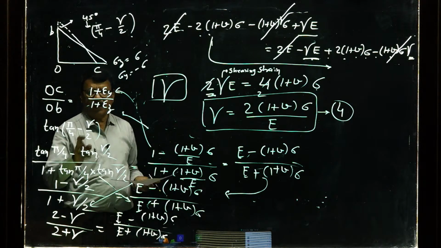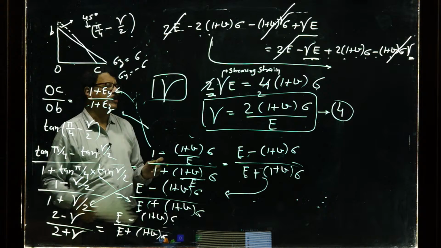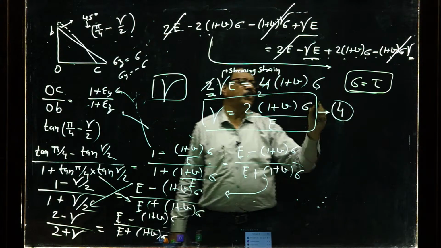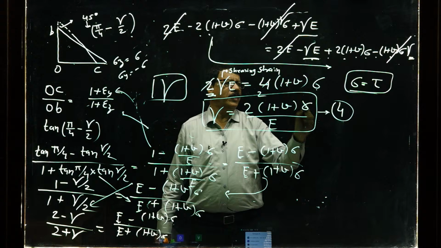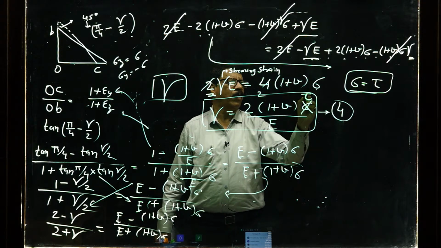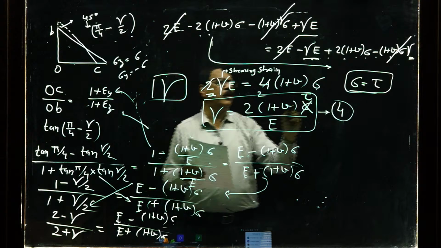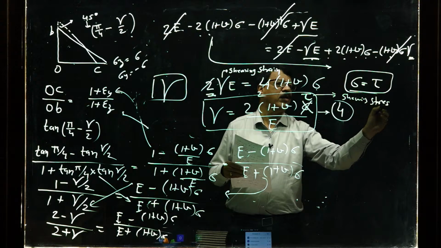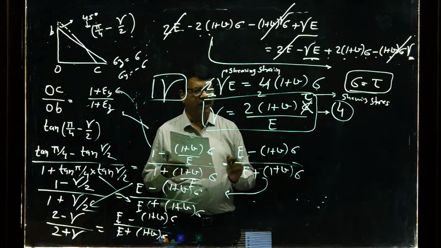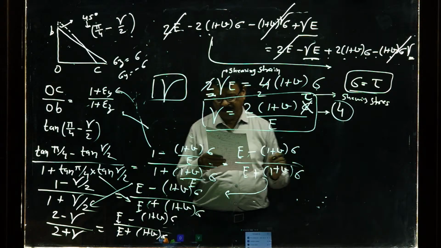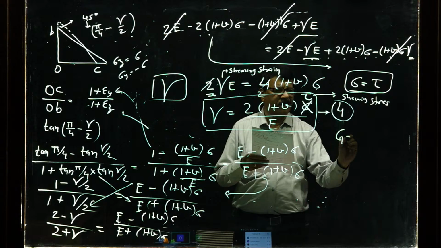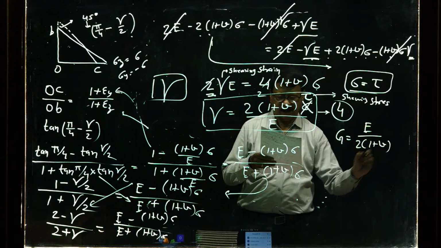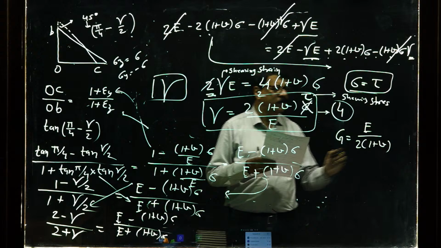As we proved in the previous notes, sigma is equal to tau. We already proved in the previous notes. So you replace this by tau. So shearing strain is equal to shearing stress divided by E, or you can write, if you write this as G, G is equal to E upon 2(1 plus v). This is equation 5.